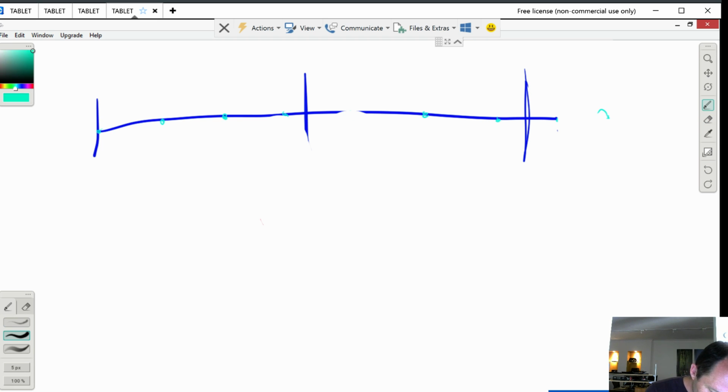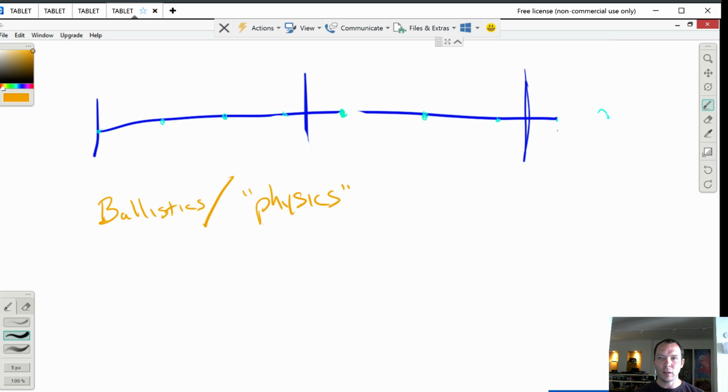So remember, there's at least two things that you want to run, right? There's ballistics, or just regular physics. Think of this as just changing the positions of entities on the screen and maybe what animation they're in, right?